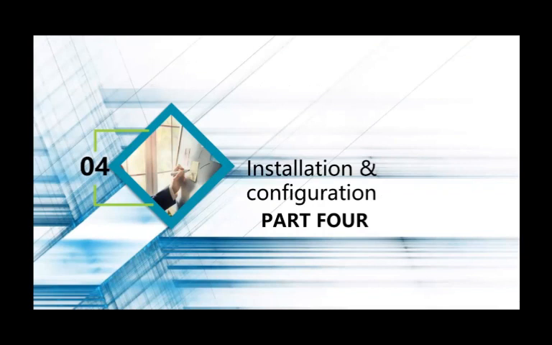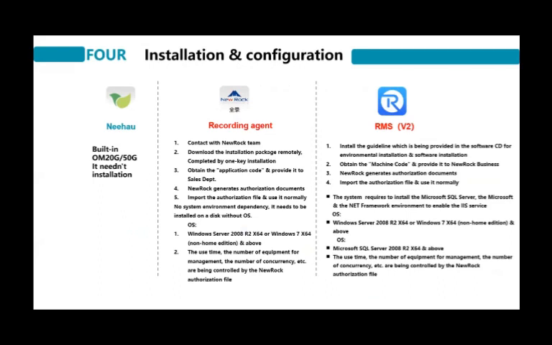Okay, regarding the installation and configuration, I will give you the overview. Nihao has a built-in USB here, so you don't have a requirement for installation. However, for recording agent, you have to contact the team. You can contact our global technical team or the sales team as well.